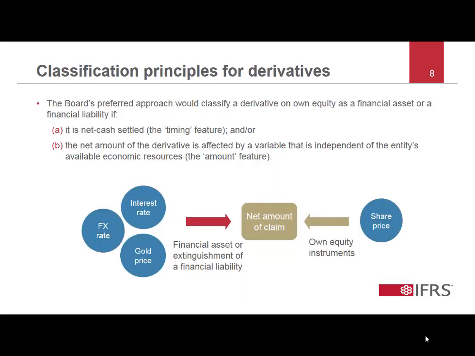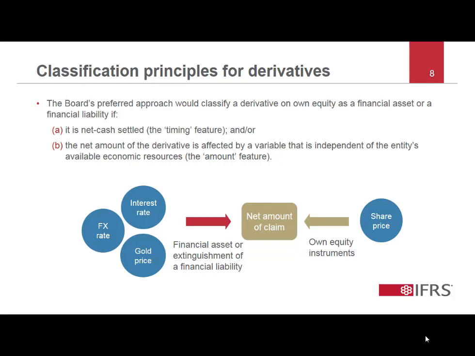On this slide, we set out the classification principles for derivatives on equity. Like non-derivative financial instruments, the classification principle for derivatives uses the timing and the amount features. Like non-derivatives, if you have either one or both of the features of a financial liability, the derivative instrument is classified as a derivative liability or a derivative asset.